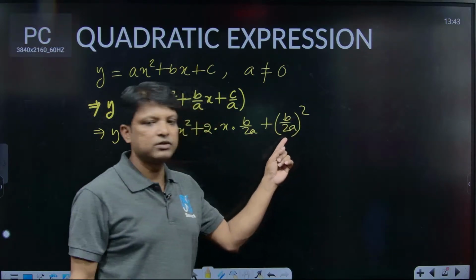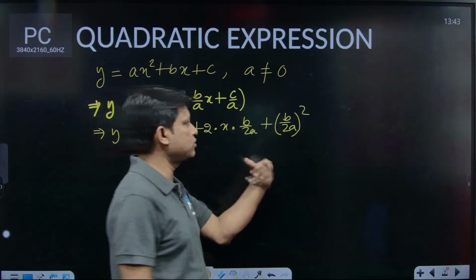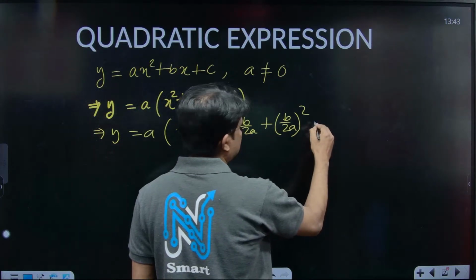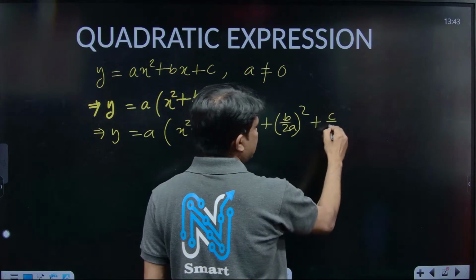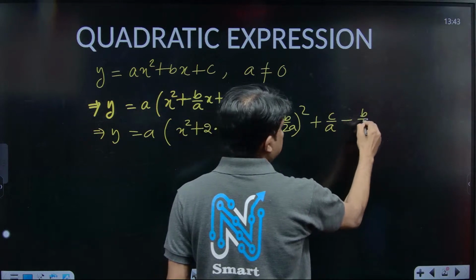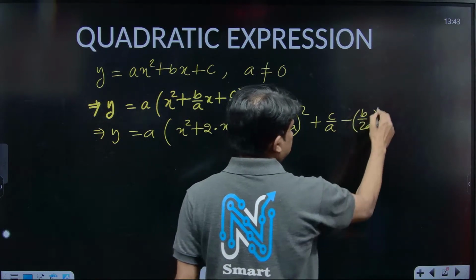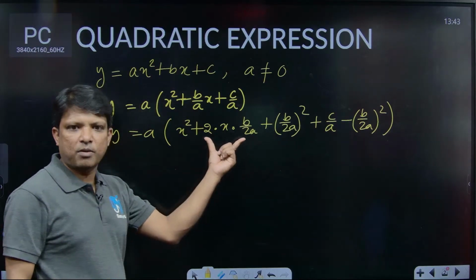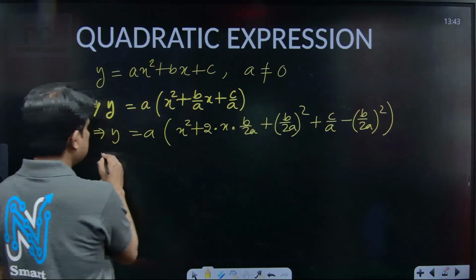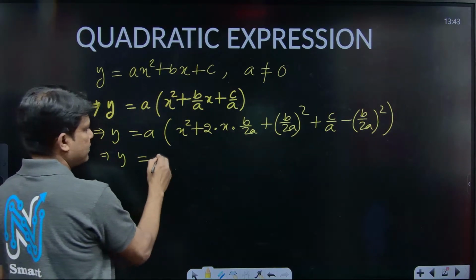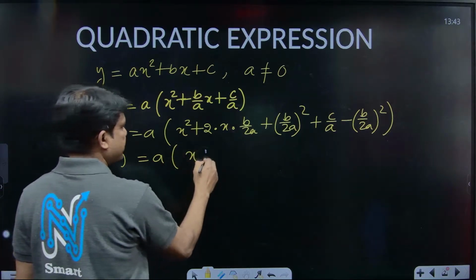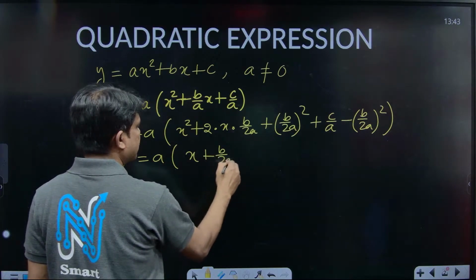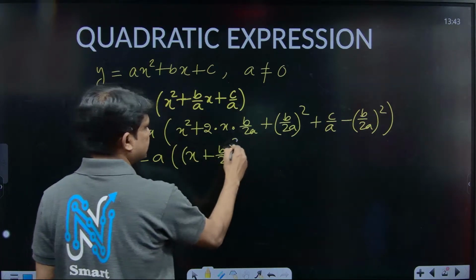We have added this quantity, so we have to subtract that quantity. So this is c by a minus b by 2a whole square. The first three terms are a complete perfect square, so y equal to a into x plus b by 2a, its whole square.